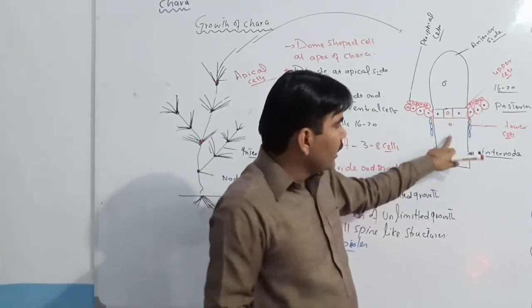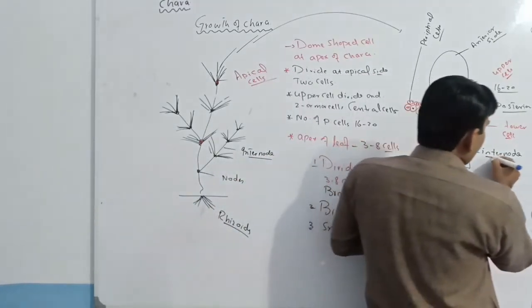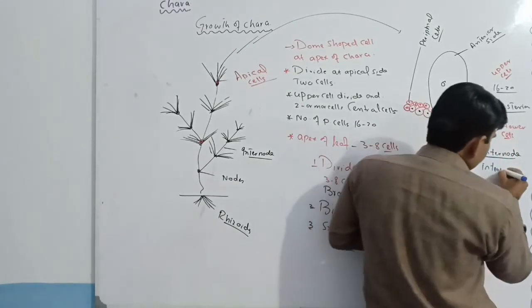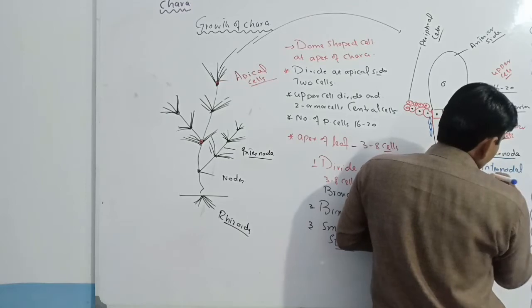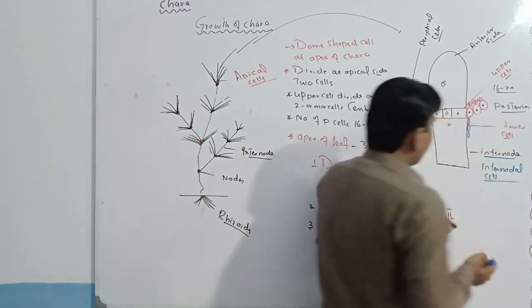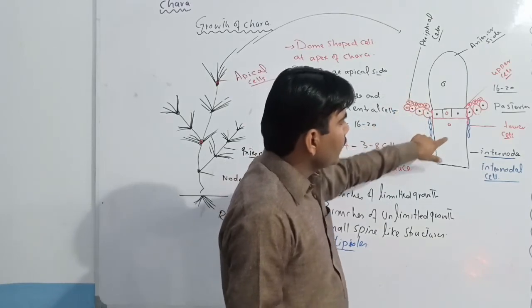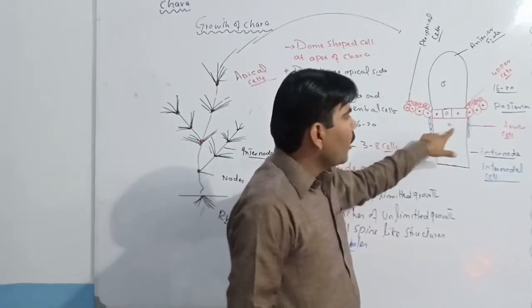What is the name of this cell? This is basically an internodal cell. This is the internode, and this whole cell is known as the internodal cell.